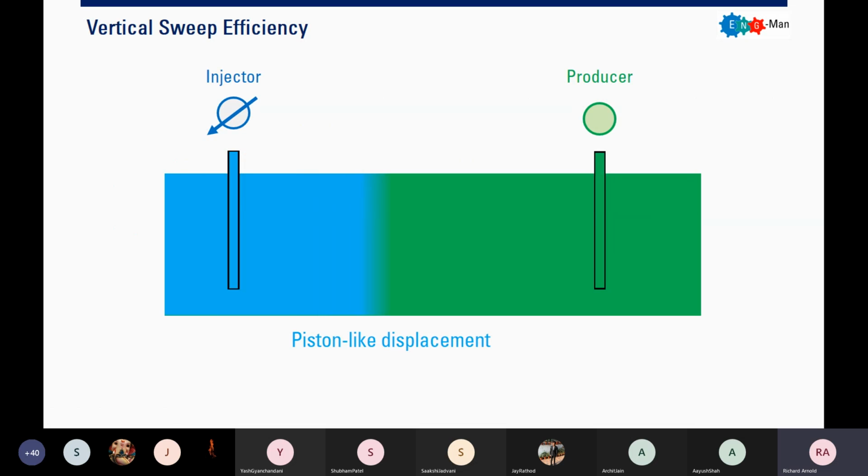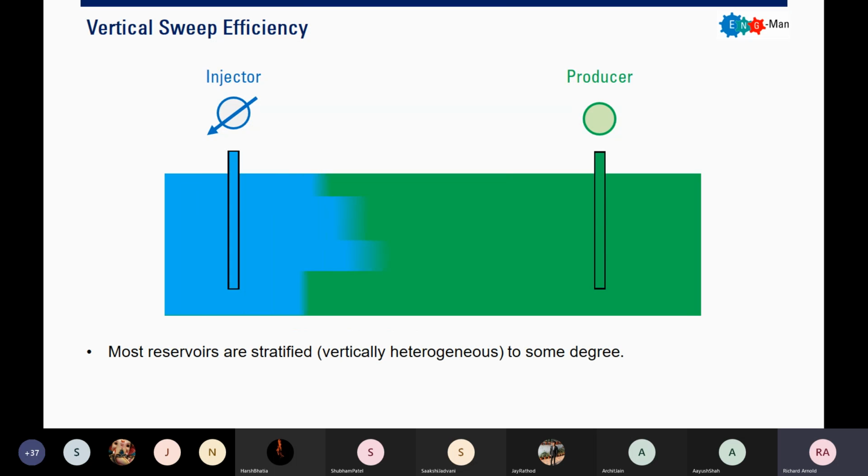Okay. Of course, this kind of displacement that we desire from our water flood is piston-like displacement. Okay, that's the normal, the ideal story. But most of the time, that's not the way it turns out. Okay, most reservoirs are stratified, vertically heterogeneous to some degree.